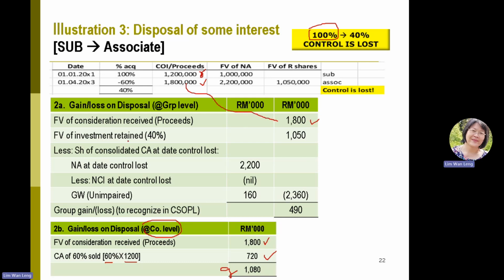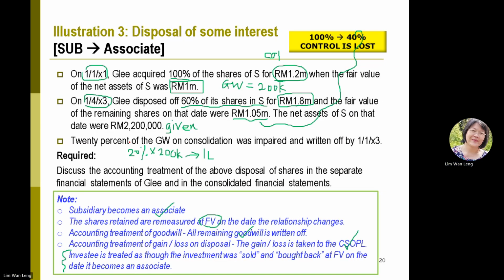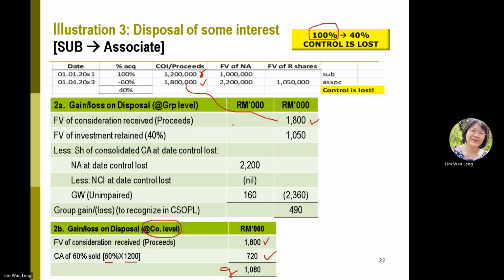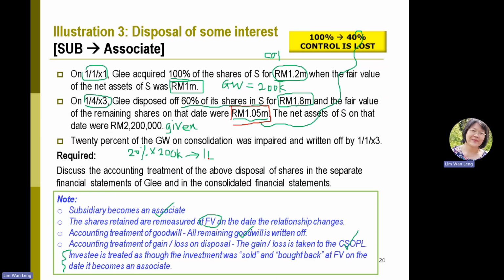How much was the fair value of the investment retained? This was given to you: 1.05 million, 1,050,000. Net asset at the date control is lost is also given to you: 2.2 million.